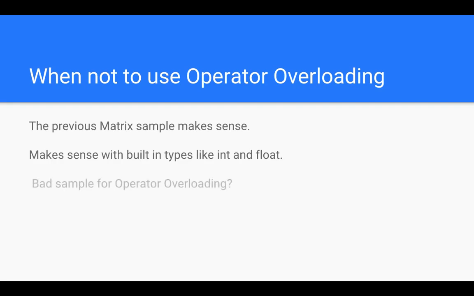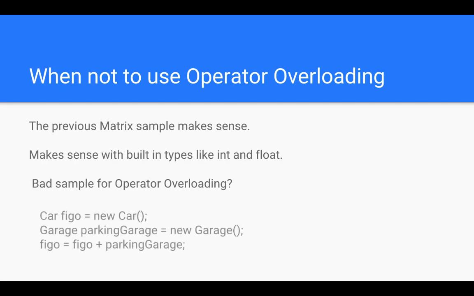Now we have a bad sample for operator overloading. As you can see below, I create a car object, then we have a parking garage object which is of type garage, and I want to park my car into the garage, so I put the car object plus parking garage, then assign it to the car object itself.